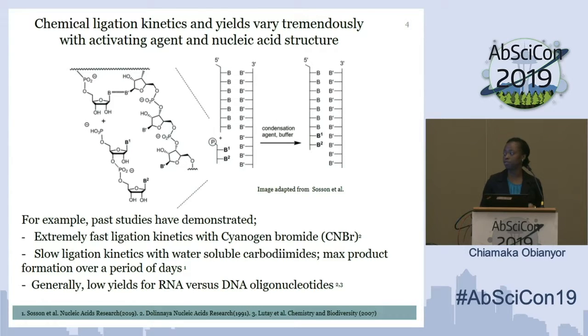And this is interesting if you put it in the context of the RNA world. Also, perhaps more interesting, if you have an RNA oligonucleotide with a 3' phosphate, it would form a cyclic phosphate, which a lot of people believe to be an activated intermediate. And so if you have this activated intermediate for the RNA oligonucleotide, why don't you get higher yields compared to the DNA oligonucleotides?